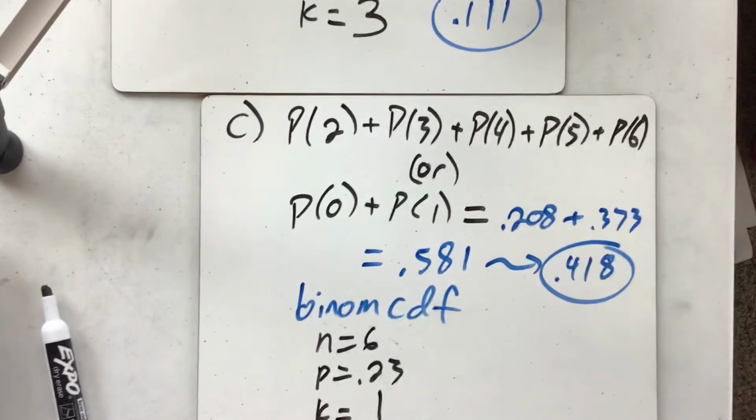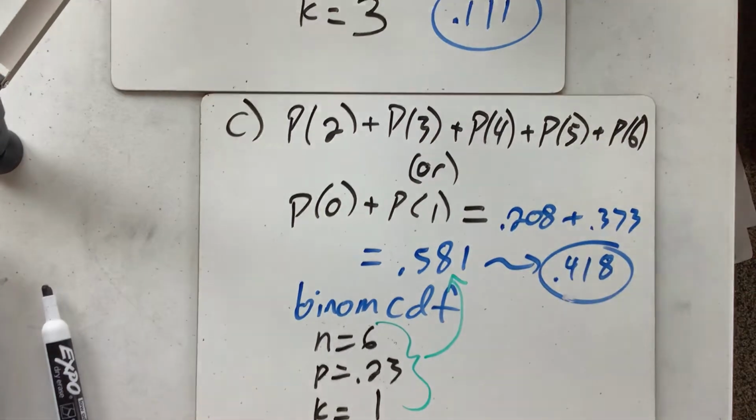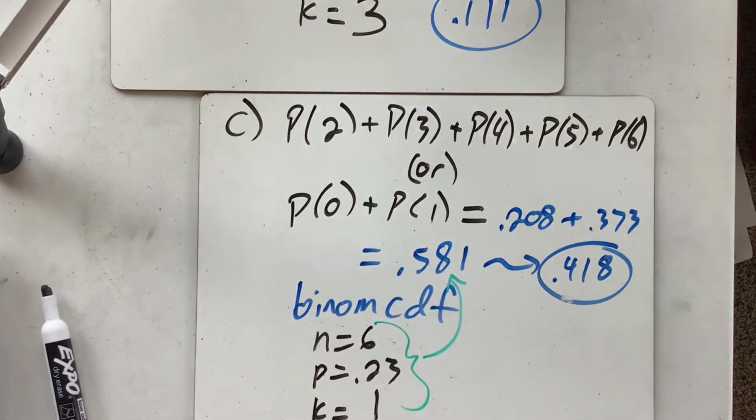And that right there should give us this 0.581 answer, because that'll give us 1 and everything lower than 1, and then we would have to subtract that from 1 for our answer. So we could have got this 0.581 by adding the 2, or we could have got the 0.581 by using the binomial CDF command, just like that.